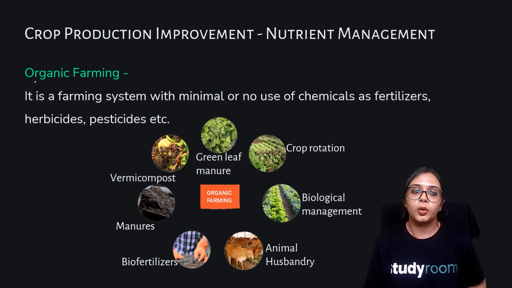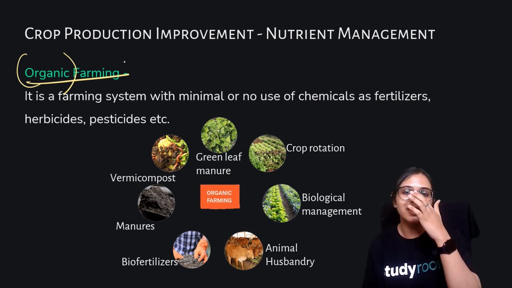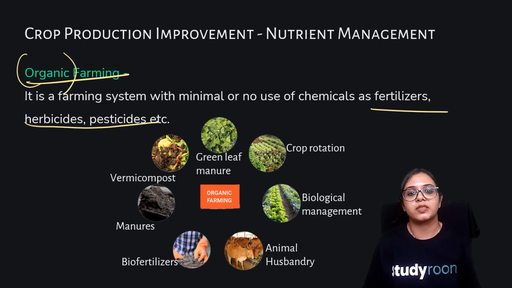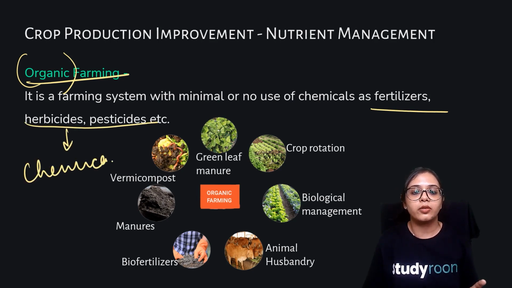There is a term known as organic farming. Since the word organic is used, you may understand that it is the kind of farming process that takes the help of organic substances, not inorganic substances, meaning no use of fertilizers, herbicides or pesticides, because all of these are chemicals, all of these are inorganic substances.